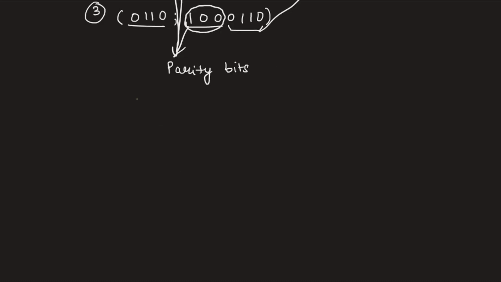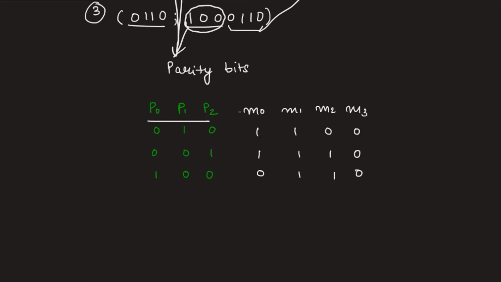Now let's clearly write the message bits and the parity bits. So P0, P1 and P2 denote the parity bits, and M0, M1, M2 and M3 denote the message bits in the given code word. So these parity bits should be a linear combination of the message bits.